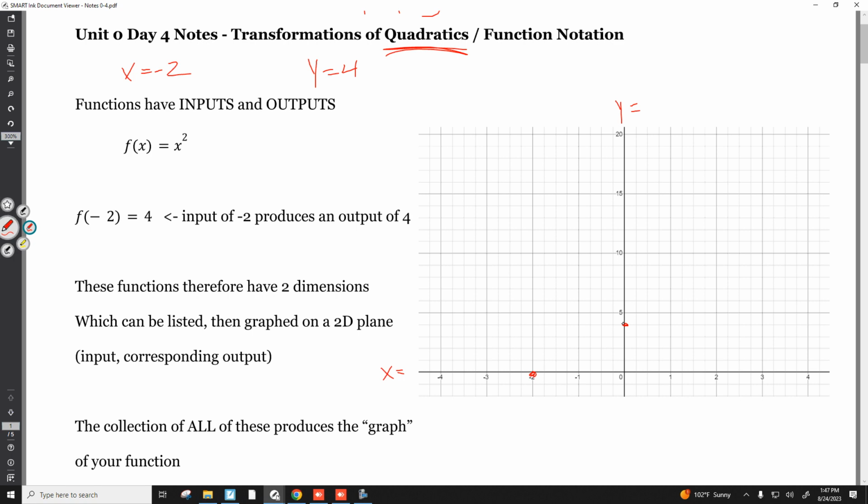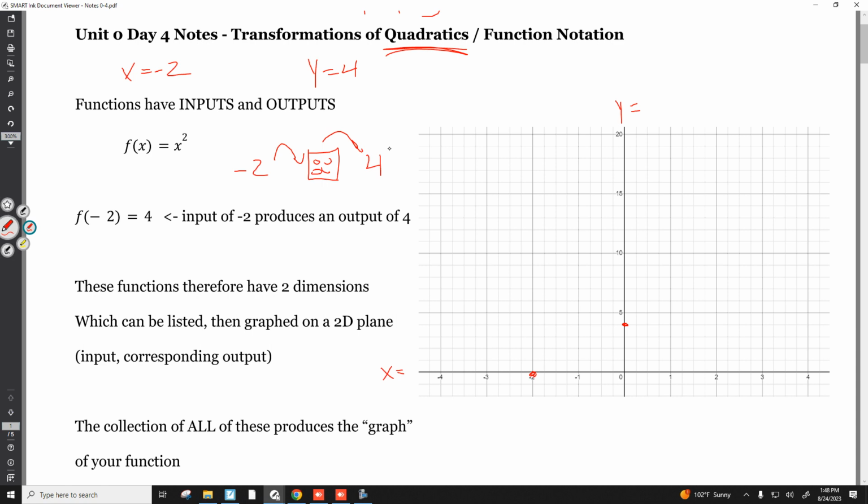Functions don't have one dimension. They have 2 dimensions. We talked about how a function is like a machine. You take a number, you throw it into the machine. The machine does some work, and out comes a different number. For example, if I plug -2 into this machine, the machine will give me an output of 4.